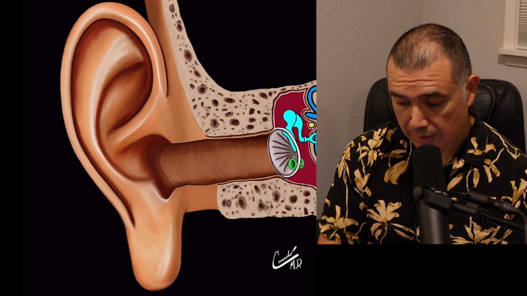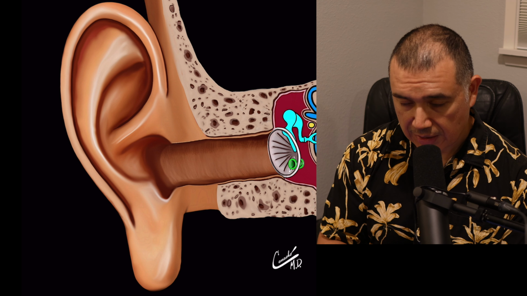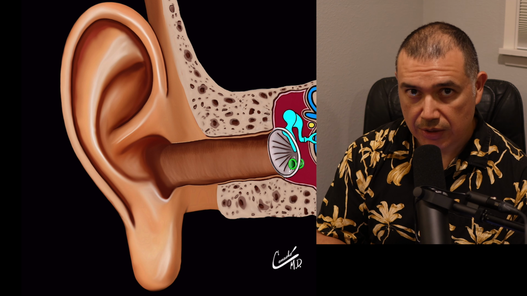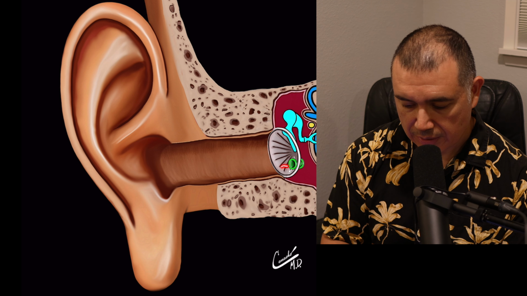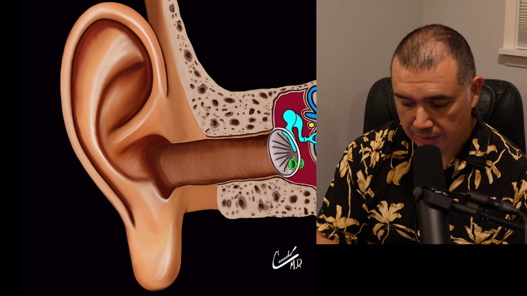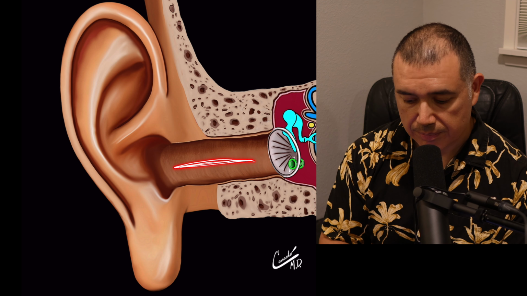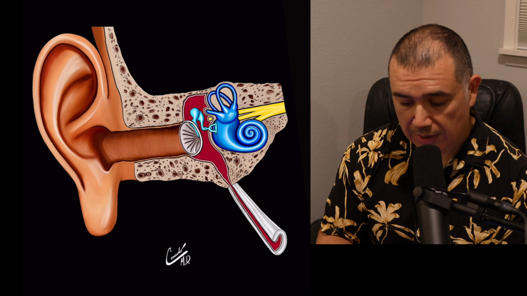The reason we put ear tubes, as shown here in green, is that in patients where the eustachian tube is not working properly, this allows the pressure inside the middle ear to equalize with the pressure in the ear canal. What's normally supposed to happen?